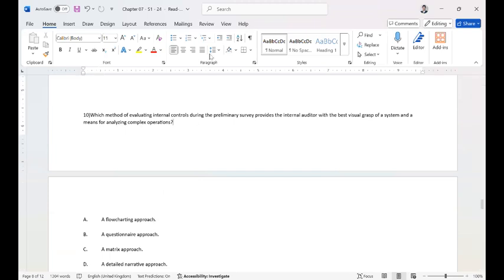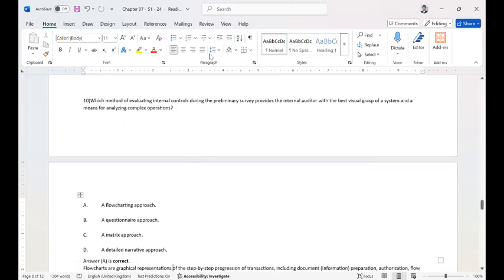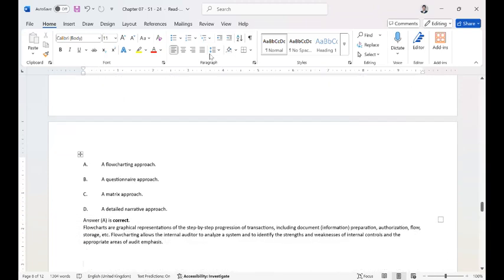So what is the answer you're giving here? C, matrix approach. A, flow charting. Yes, it's always flow charting. We don't have anything called a matrix approach in your syllabus.